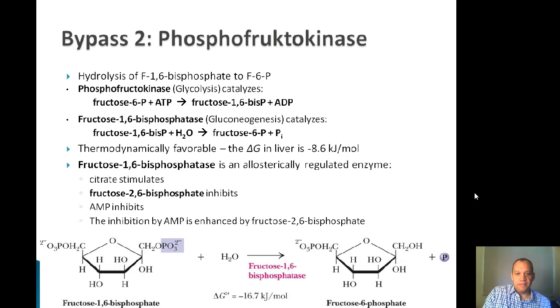At the same time, it actually inhibits the reverse reaction, in other words, this bypass reaction. So it has an effect both on activating glycolysis and inhibiting gluconeogenesis. And it also enhances the inhibition of gluconeogenesis when AMP is already available. It enhances the effect of AMP.